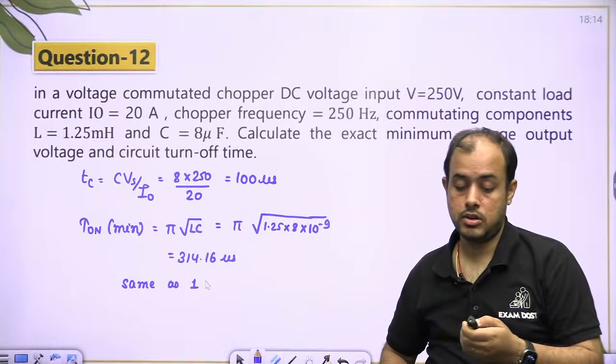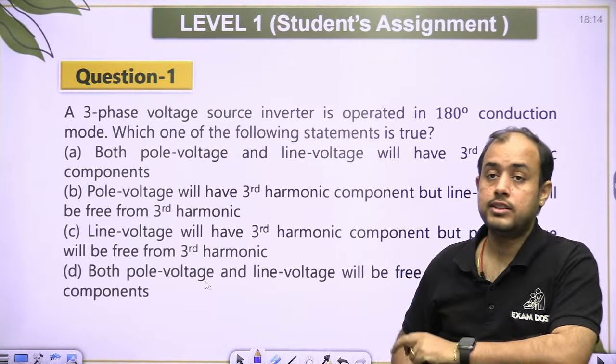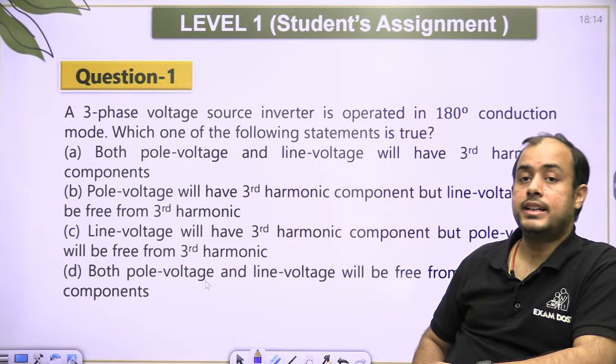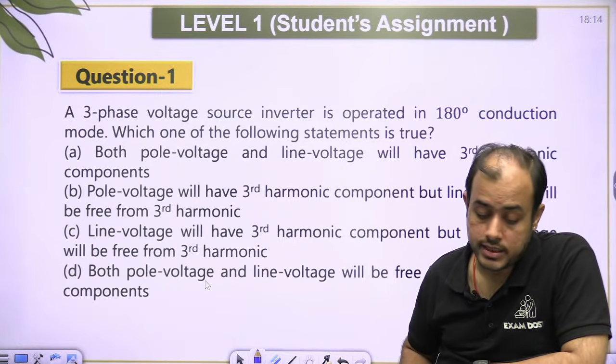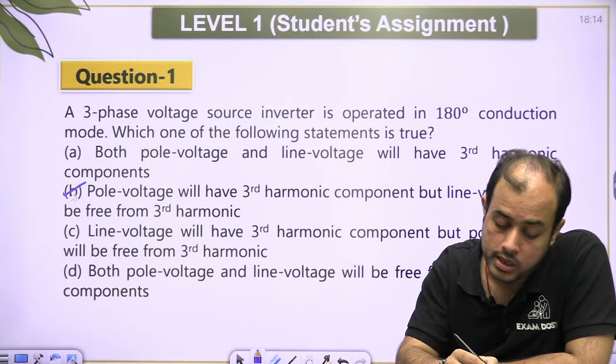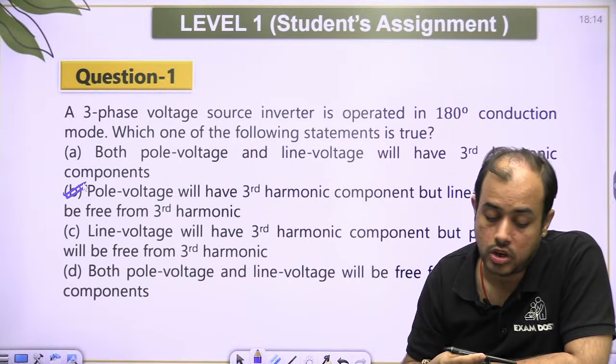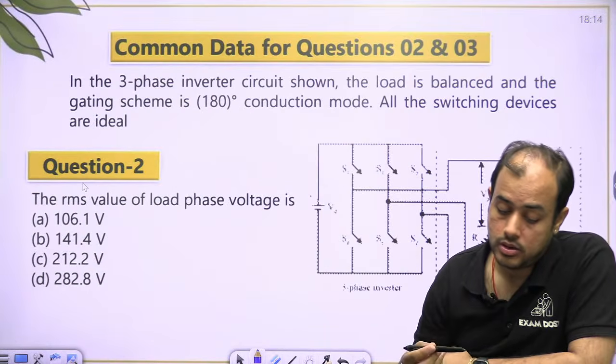ठीक है, चलो लास्ट असाइनमेंट. 3-phase VSI is operated in 180-degree mode. Which statement is true? In 180 degree beta, pole voltage contains third harmonic but line voltage does not. Okay.